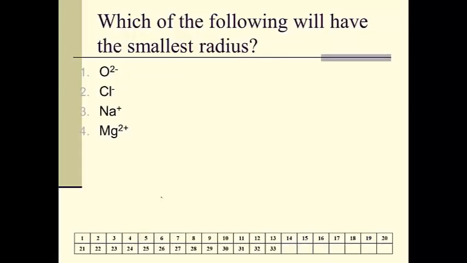Now, which of these will be the smallest radius? Again, find these on your periodic table, take your guess and come back. Okay, the smallest one is magnesium. Why? These are all isoelectronic with each other, but this has the most protons.